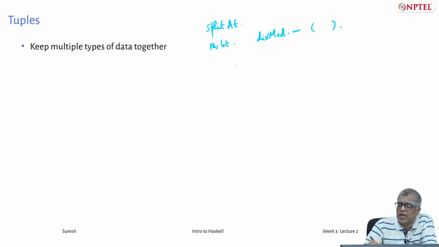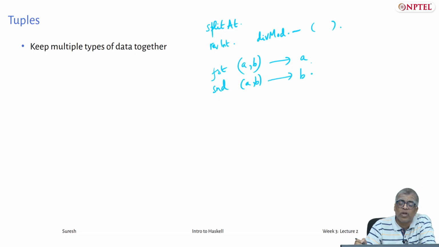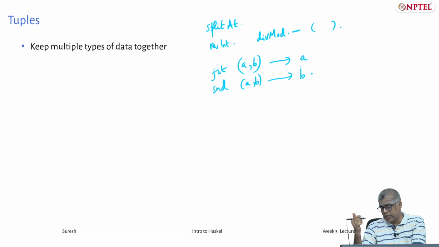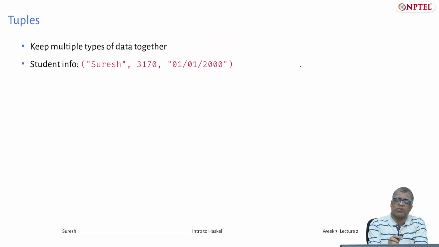And I also mentioned that if I have a pair (A, B), then first of (A, B) gives me A, second of (A, B) gives me B. But it is not just pairs that I can have; triples, quadruples and so on, and the syntax is simple.